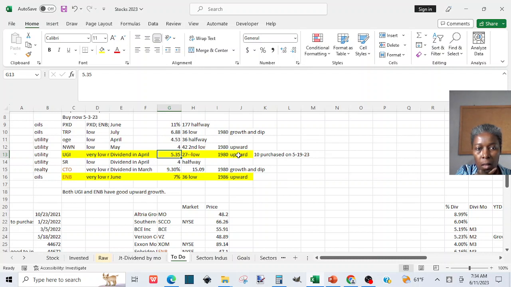But probably by looking at the chart, I ended up going with the utility, and the utility is what I wanted to invest in to start with. But then there was some oil that I targeted as well. So having both on hand, I went with that, and later I went with this one.